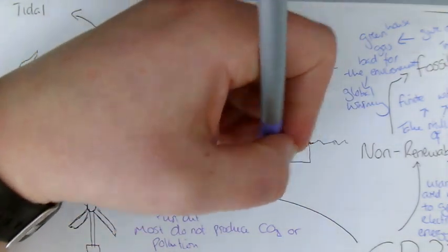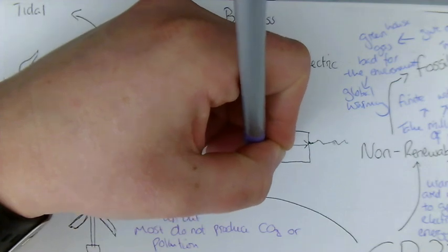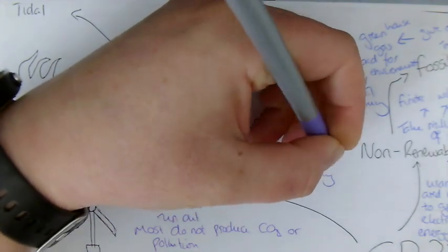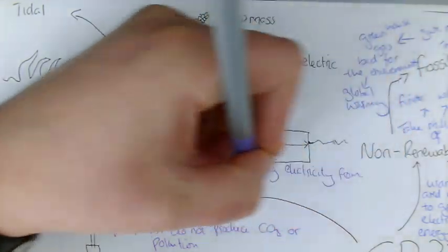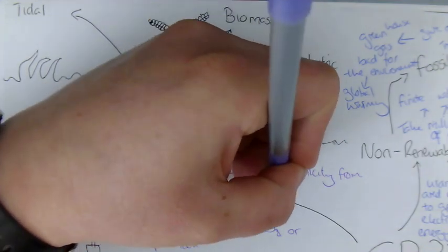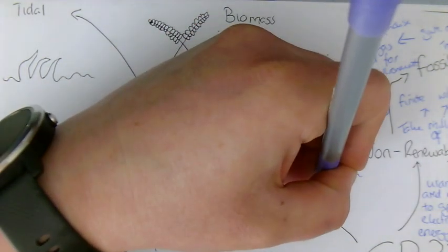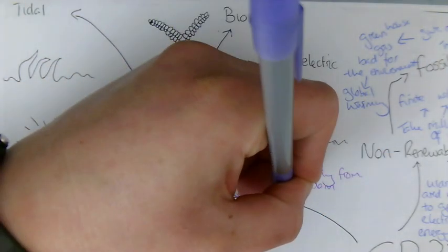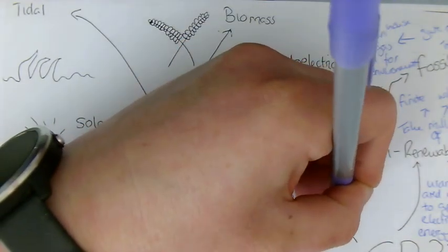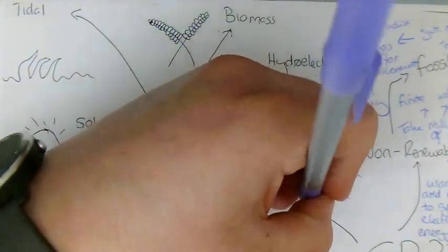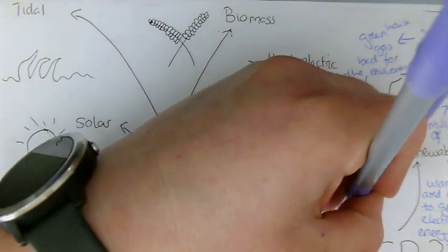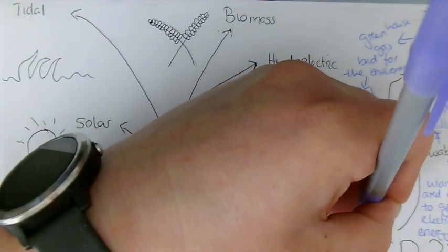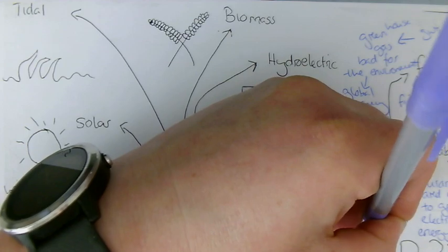So this is generating electricity from water behind a dam flowing down a pipe, turning a turbine, generating electricity.